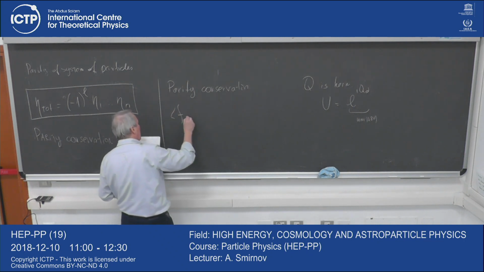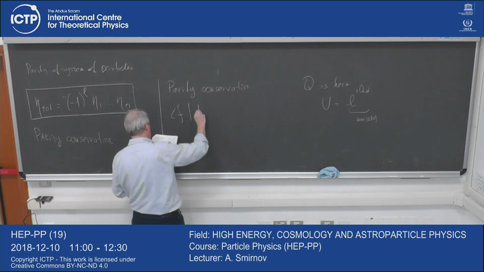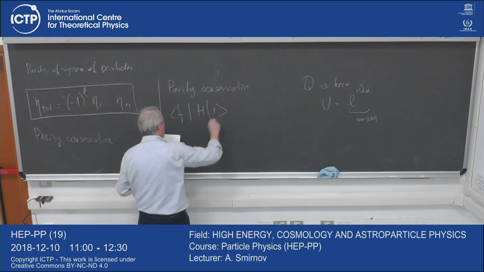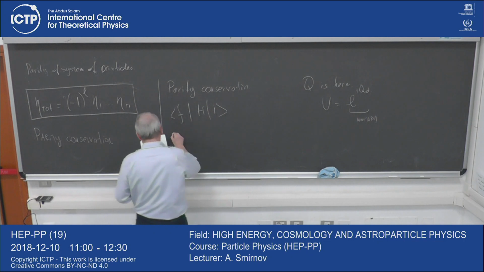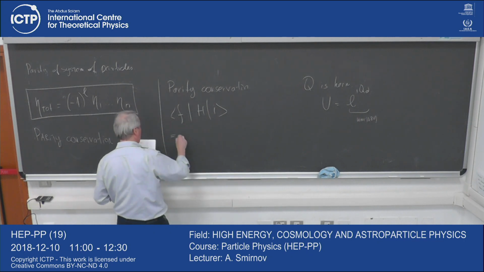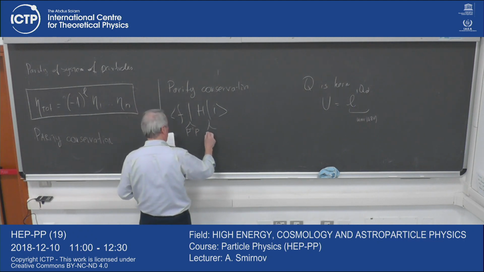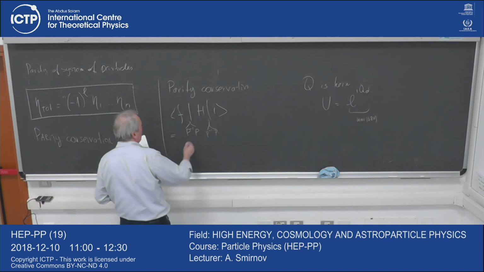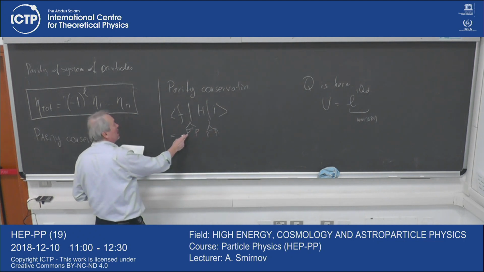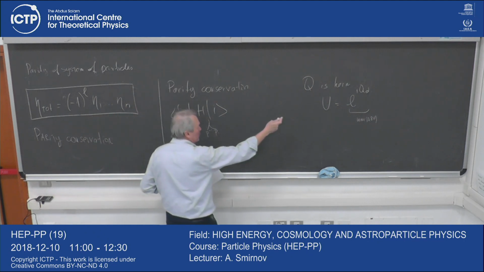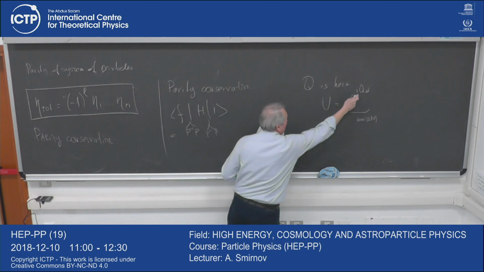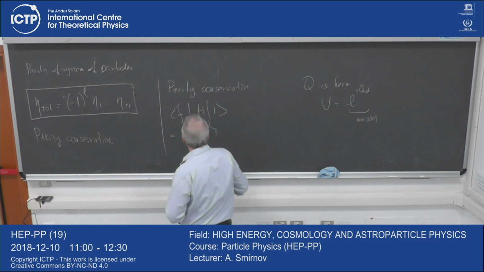So let me try F, final state, Hamiltonian, I, initial state. We insert here P^{-1}P, and here P^{-1}P. P itself is Hermitian, in contrast to the previous transformation where the Hermitian part is sitting in the exponent.